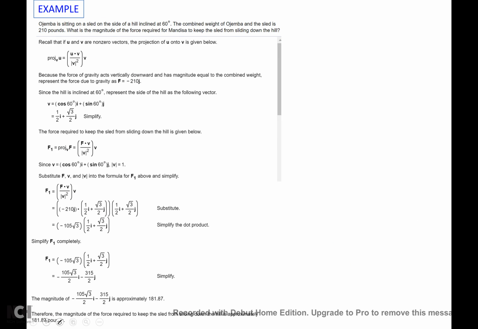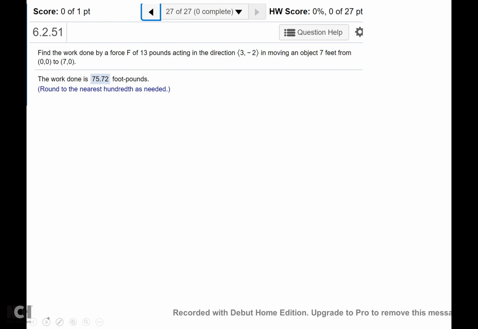Alright, next one's an example, and last but not least, it says, find the work done by a force of 13 pounds acting in the direction 3, -2 in moving an object 7 feet from 0, 0 to 7, 0. So if I draw a quick sketch of that, you have a vector in the direction of 3, -2. It has a force of 13 pounds.